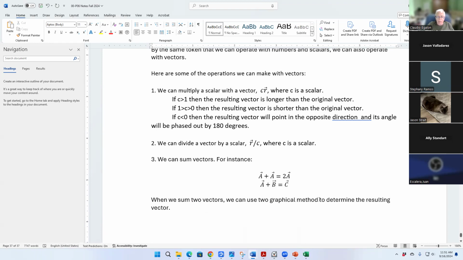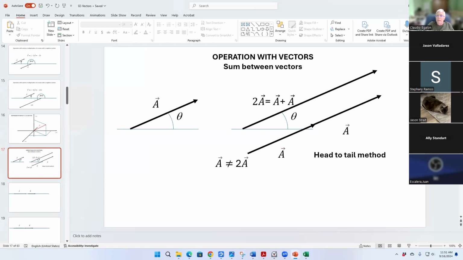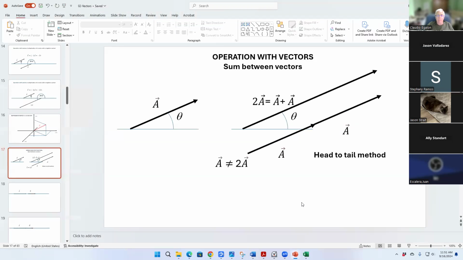The first method that I told you is the head to tail method, and the parallelogram method. Head to tail method. And the parallelogram method. Okay?